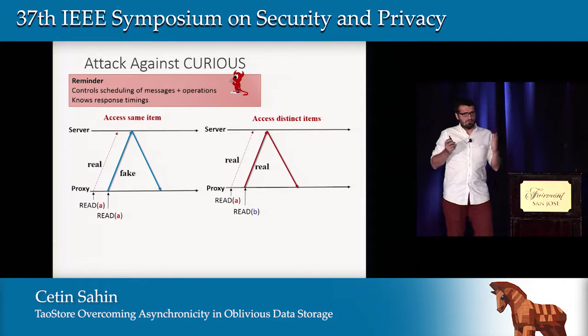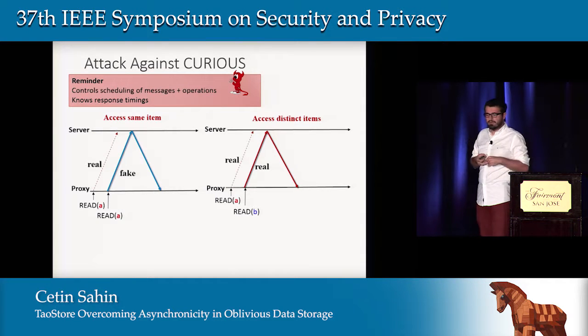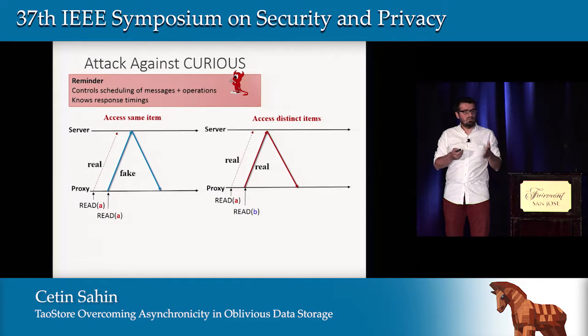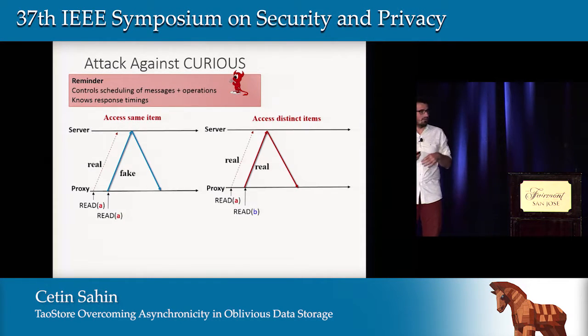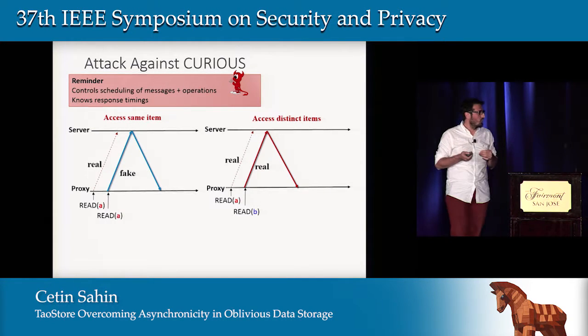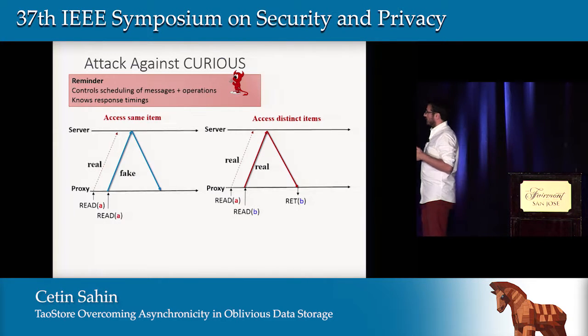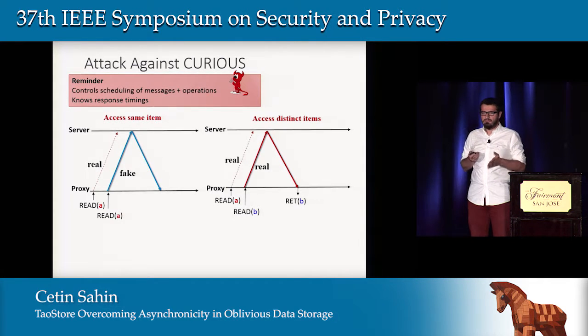Since the network is asynchronous and under the control of an adversary, we cannot know whether the second request will be returned earlier or later. So assume a scenario here where the response to the second request returns earlier than the first one. In this case, on the right case, the proxy will return a response for B, but on the left case, we cannot return a response for A because we haven't fetched it yet.